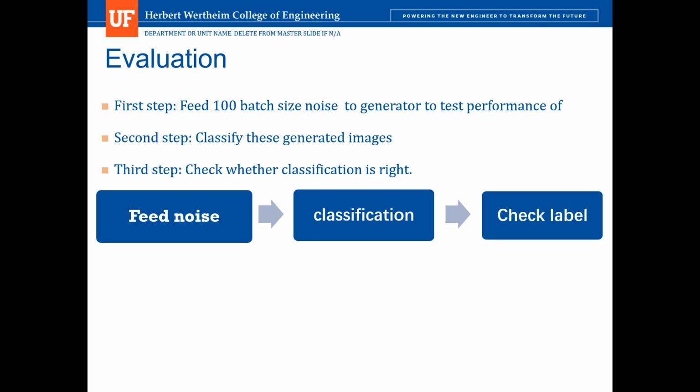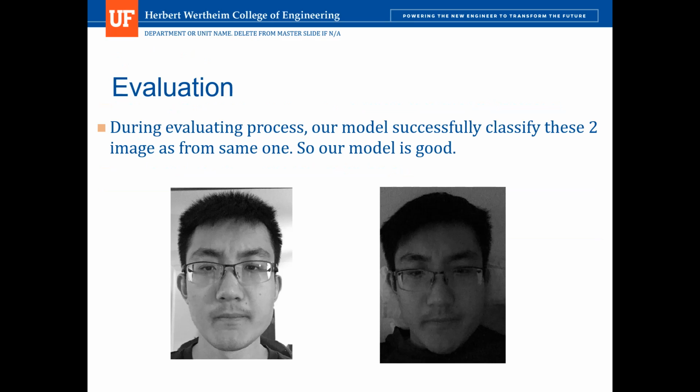We produce a label for each generated image during the face recognition process, and I check whether it is right. At the end, I checked that our model successfully classifies these two images from the same person as label 40. So our model is very good.